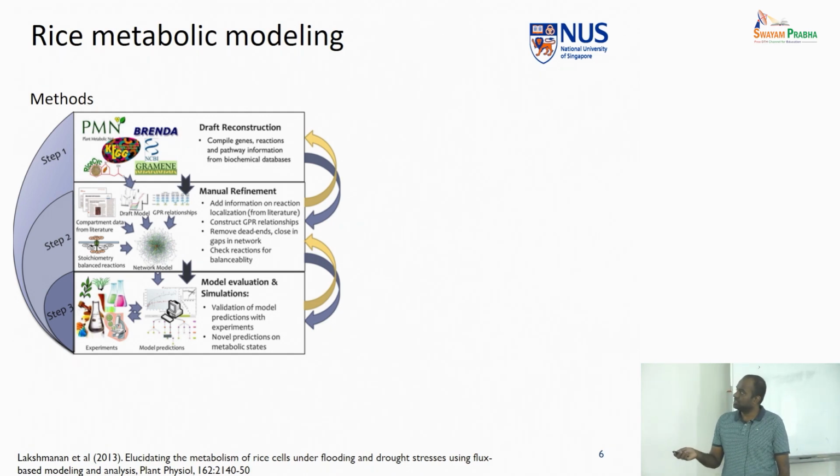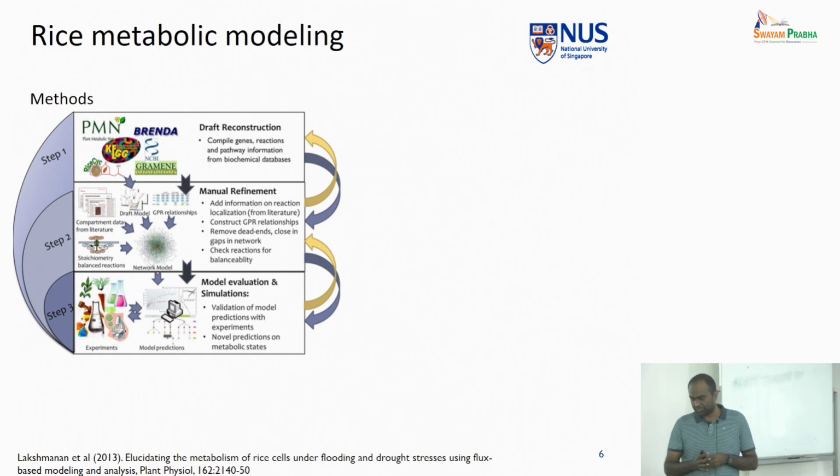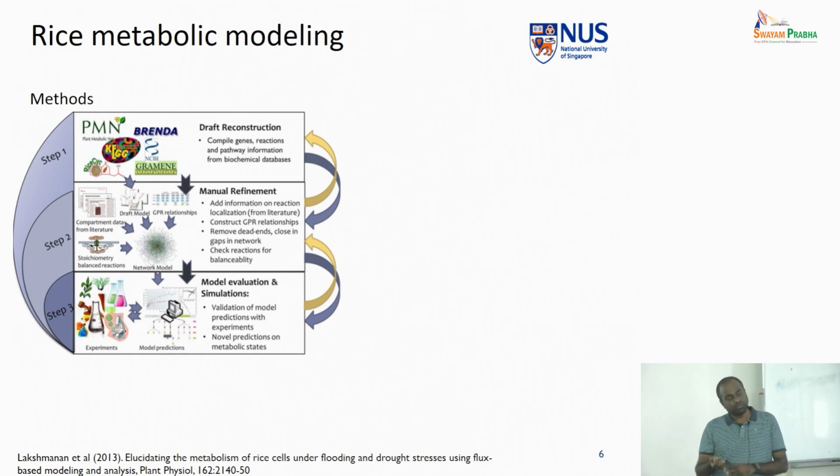What we did at the initial stages, in today's lecture, I should have covered the different omics, including fluxome. So maybe you can consider this as a fluxome topic. What is a fluxome? When you have different metabolites within plant cells or any cells, how they are continuously getting transformed.